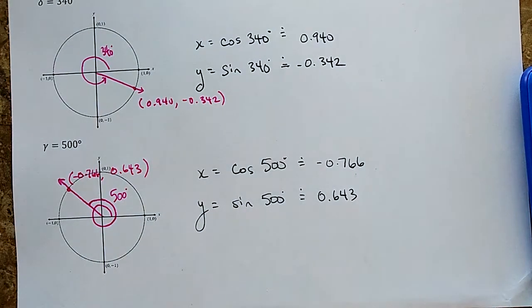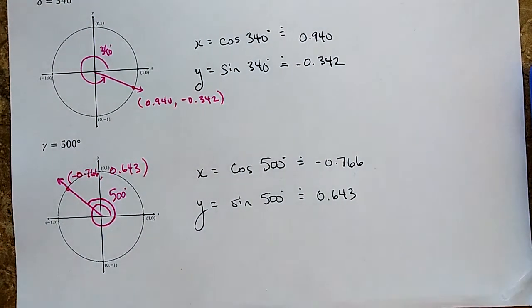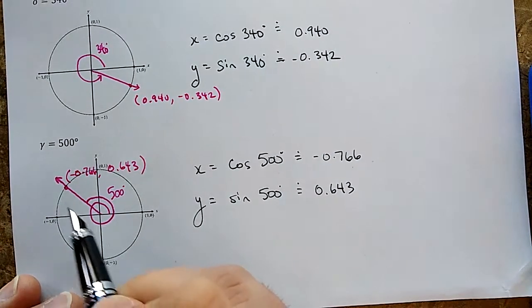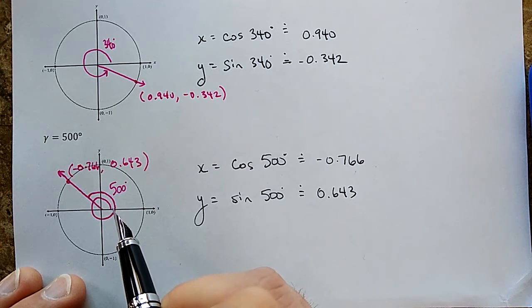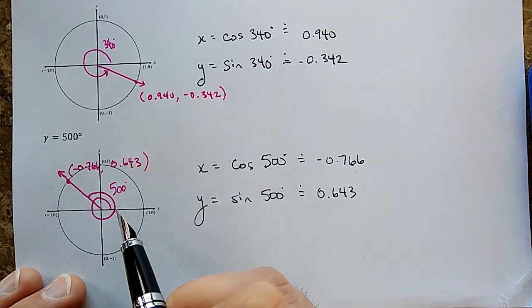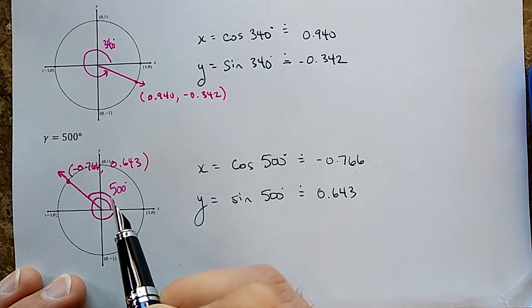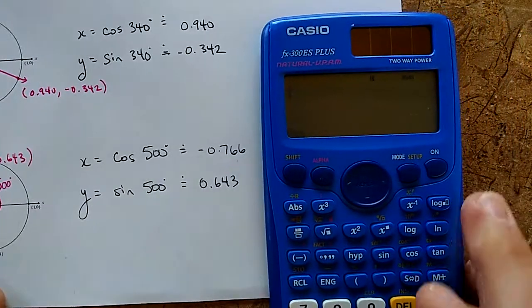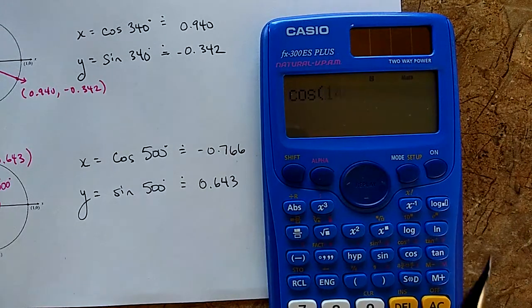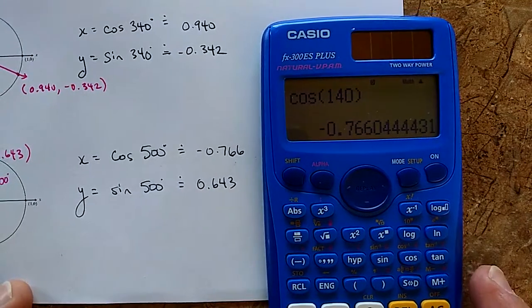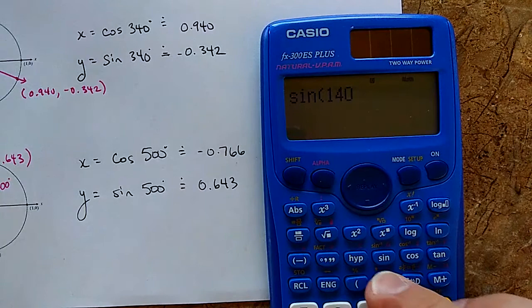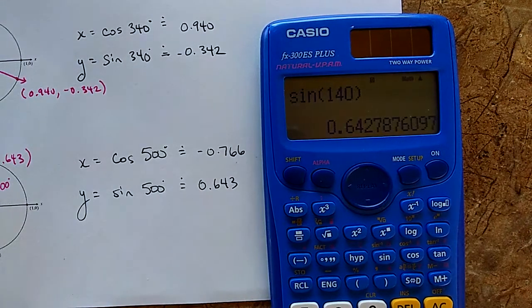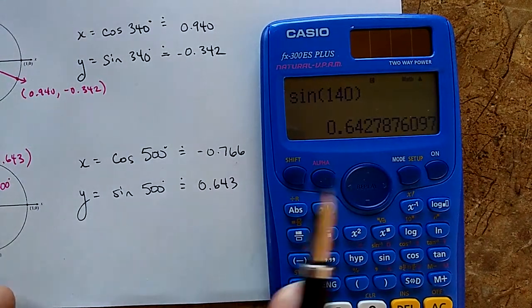Okay, now just before we finish this up, I want to notice that this terminal arm is up here in quadrant 2, and there would be another angle with the same terminal arm. This 500 degrees is 360 plus another 140. And let's see what happens if I type in the cosine of 140. Yeah, sure enough, it's the same number, and the sine of 140 is also the same as the y value that we got here.